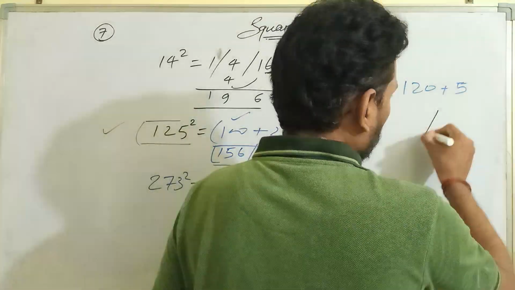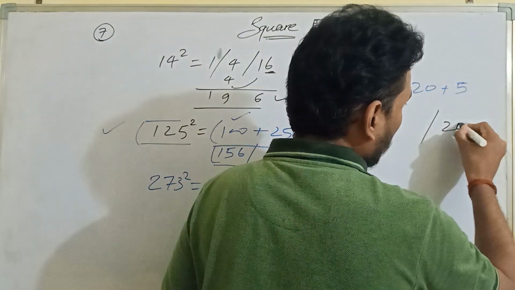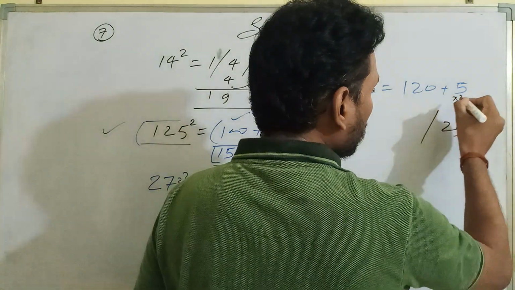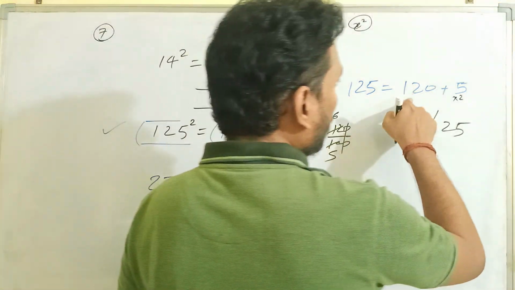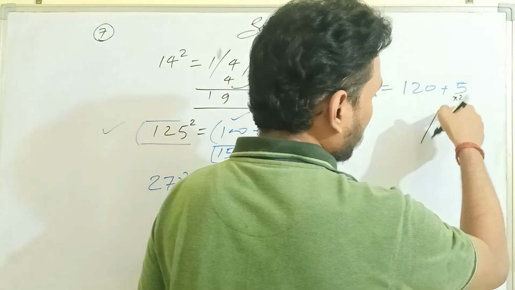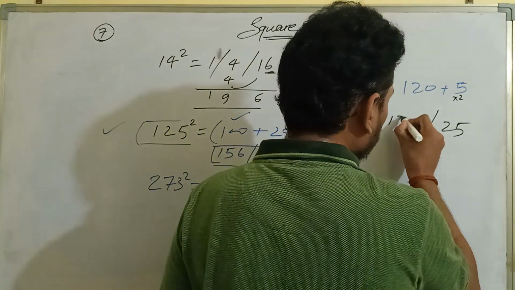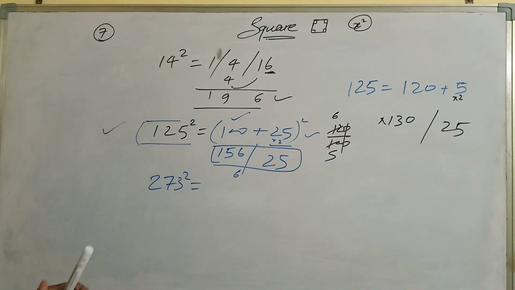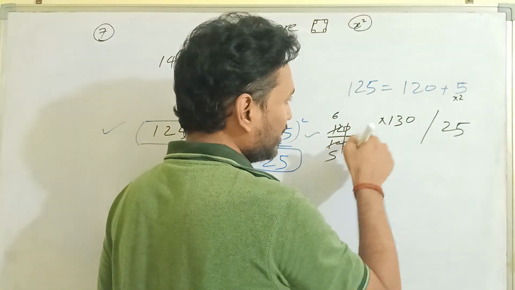Now, the square of 5 is 25. We should multiply by 2: 5 twos are 10. 120 plus 10 will be 130. Clear? Will be 130.